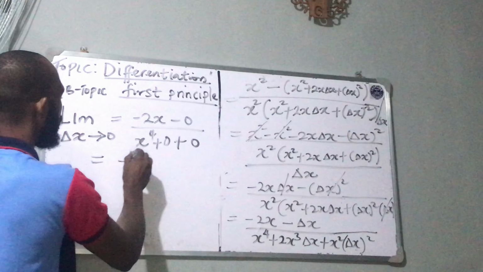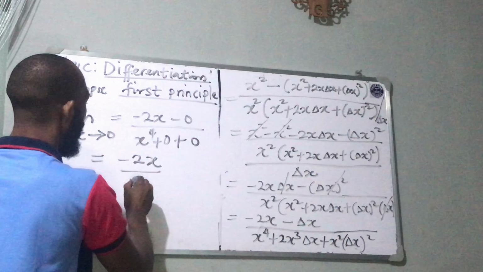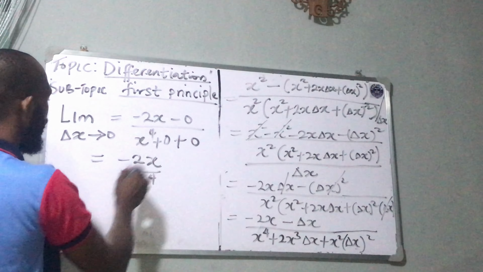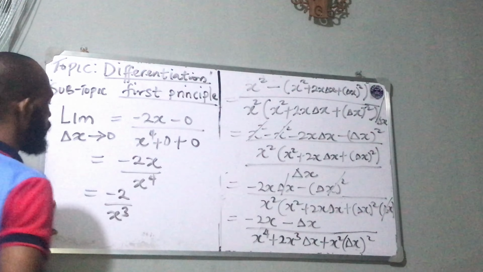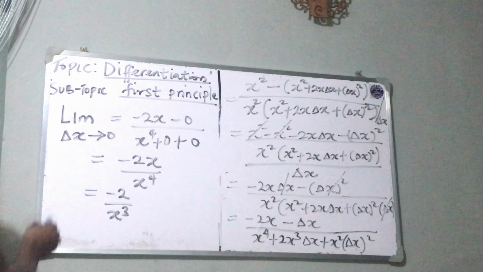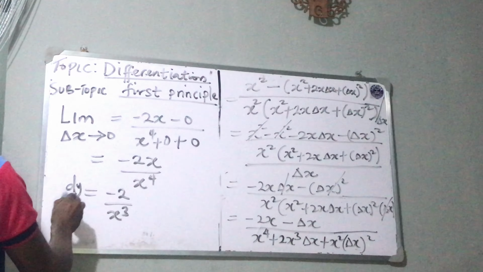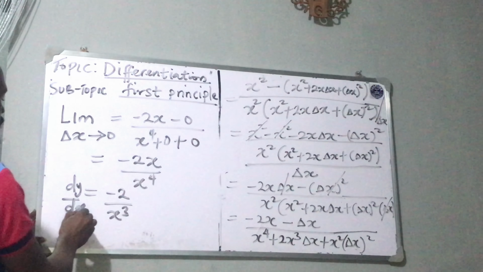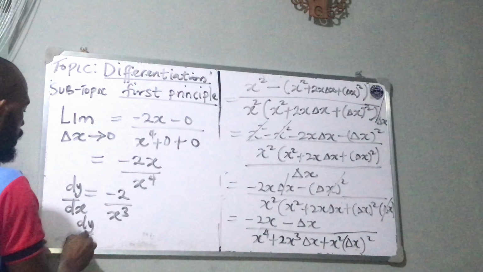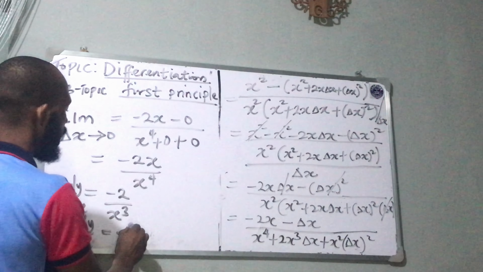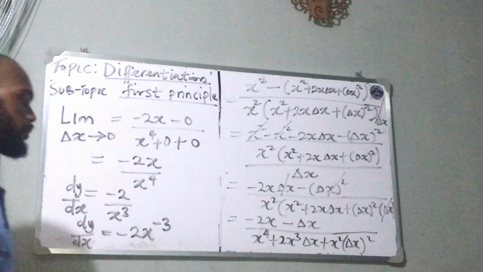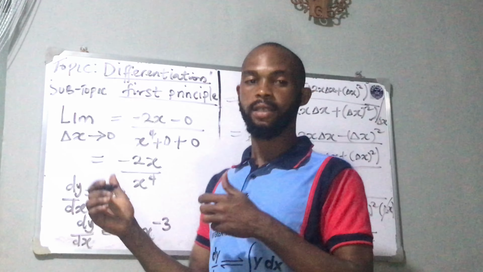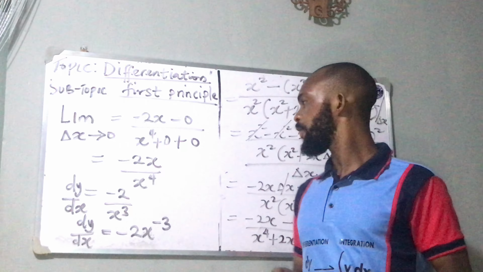So I'm left with minus 2x over x raised to power 4. And when I cancel out, I'm left with minus 2 over x raised to power 3 divided by dx. Now I can express this as minus 2x raised to power minus 3. And this is the same thing as the first one we did.